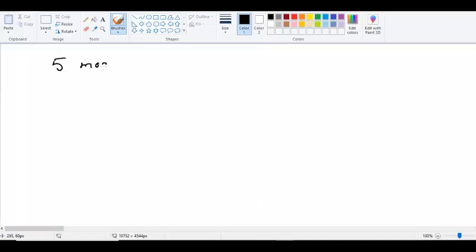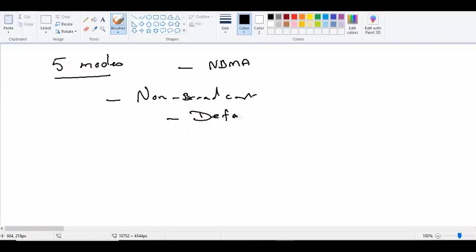Right. So now there are 5 modes that NBMA has got. One is non-broadcast, as we saw. Now, what is special about this? This is the default mode. In a frame relay environment, on the frame relay enabled port, when you enable OSPF, it will show network type as non-broadcast.